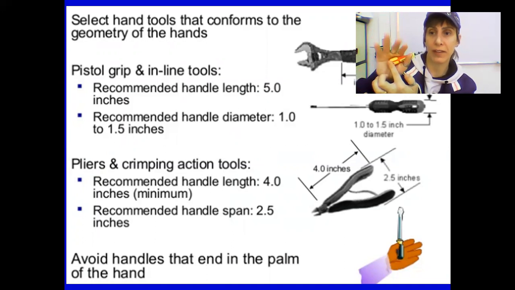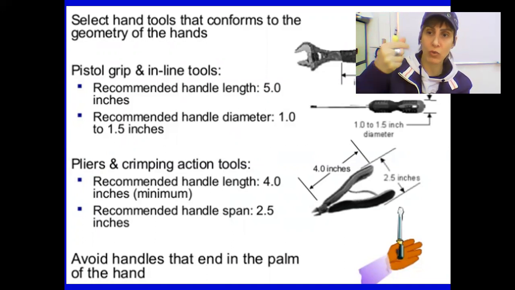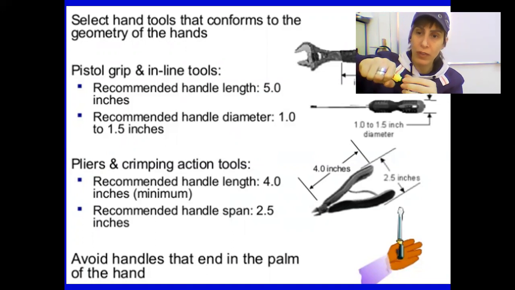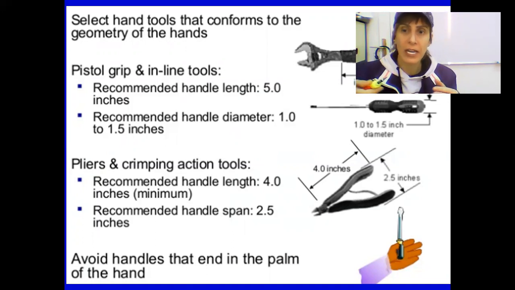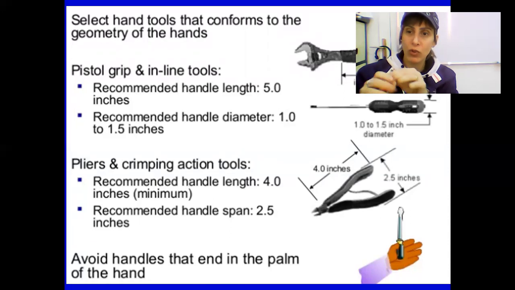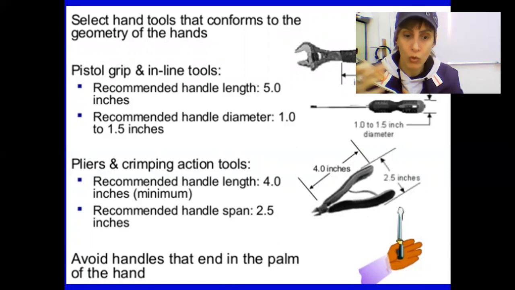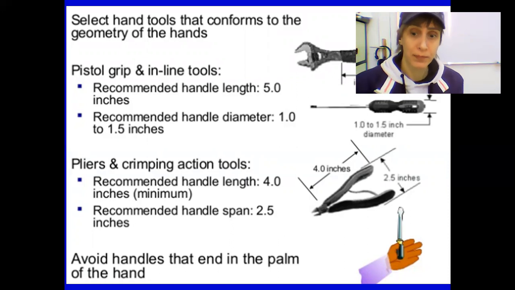Like here, for example, it ends here, because if the handle is too short and you try to use it, it will create some problems with how much force you can apply and how comfortable it will be to use. So it needs to be a certain length to fit the measurements of the hand, so that when you use this product, it is comfortable.